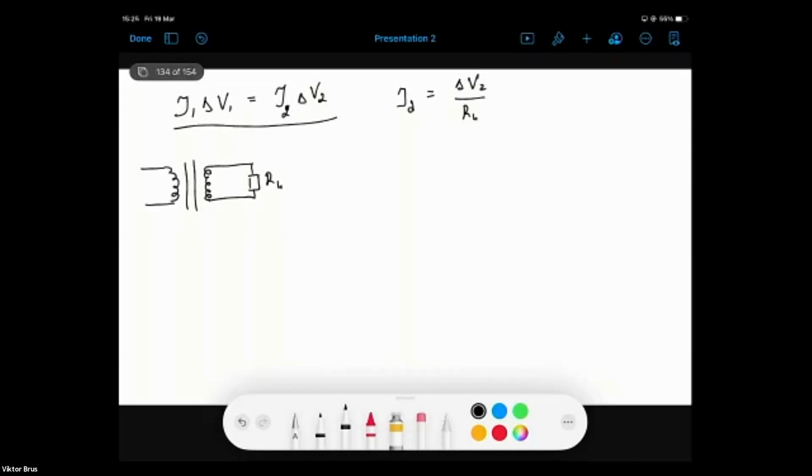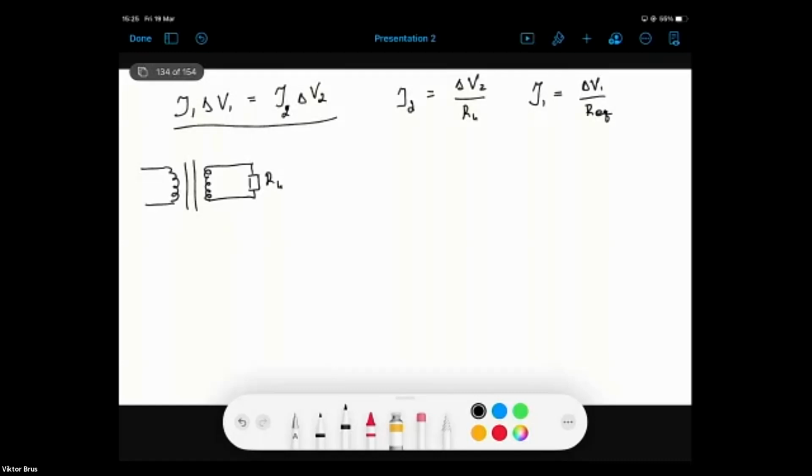At the same time, we can express this current in the first primary coil as delta V1 divided by some R equivalent. This is some equivalent resistance, which will be determined by the ratio of the number of turns in each coil and also the load resistor. So why equivalent?